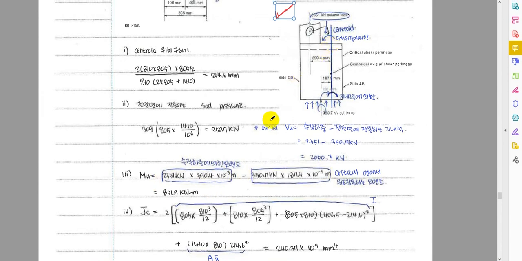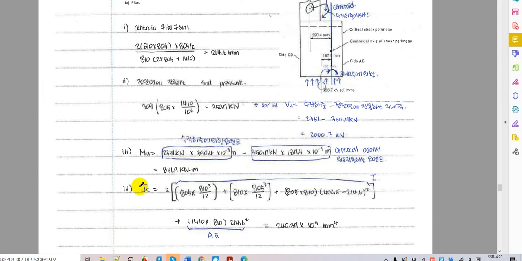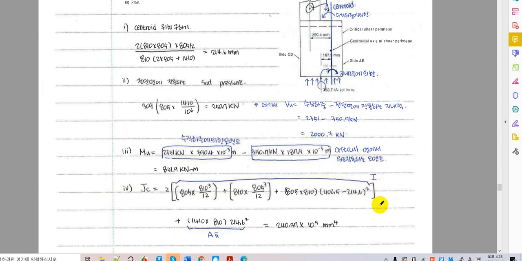Here we have to calculate a polar moment of inertia. Polar moments of inertia are calculated for three cases, one in the middle, one in the corner, and one at the edge, and we calculate Ix and Iy and come up with the polar moment of inertia. These are detailed in the slab section.